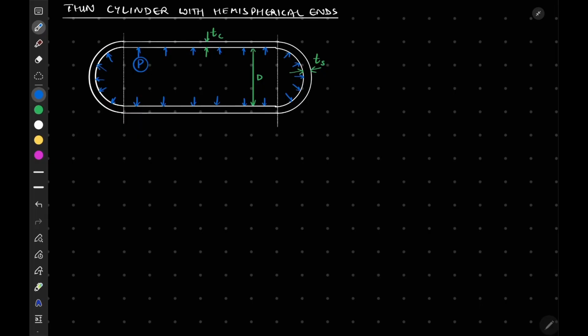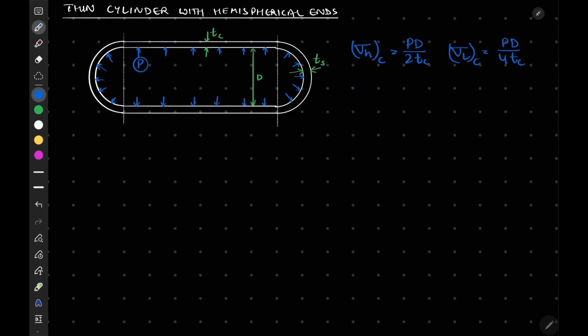The hoop stress in the cylindrical section will be PD by 2TC, and the longitudinal stress in the cylindrical part will be PD by 4TC.